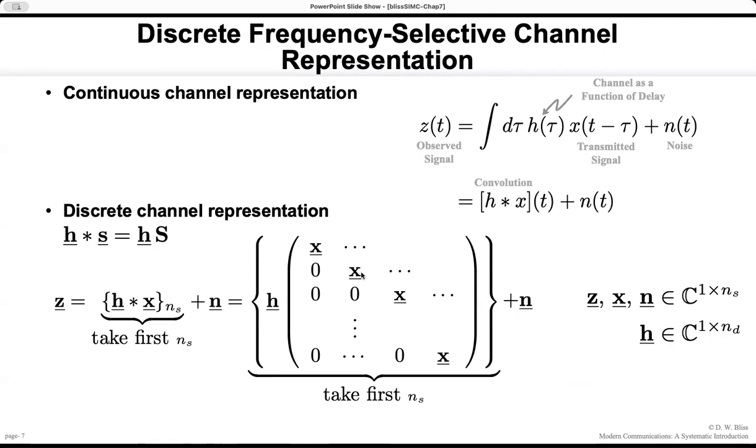So if we take our signal, and there's a typo here. This shouldn't be an S. It should be an X here. Anyways, if our S is made up of a bunch of transmitted X's, each at a one sample delay, two sample delays for the third row, four sample delays for a later row, and so forth.